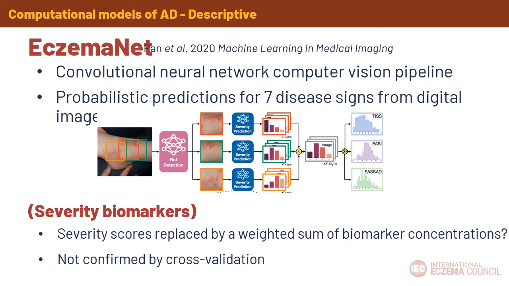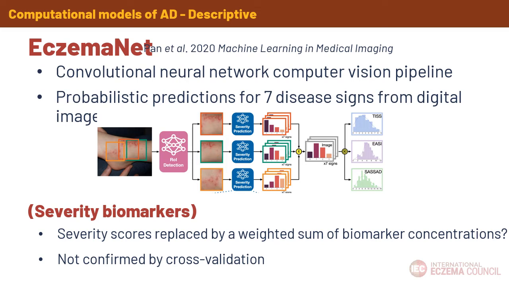To address this issue, ExamaNet has been recently developed. It is a computer vision pipeline for automated evaluation of AD severity from digital images using convolutional neural network models. ExamaNet makes probabilistic predictions of the severity of 7 clinical signs of AD for each digital image.